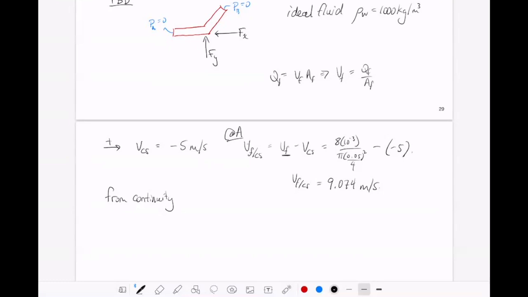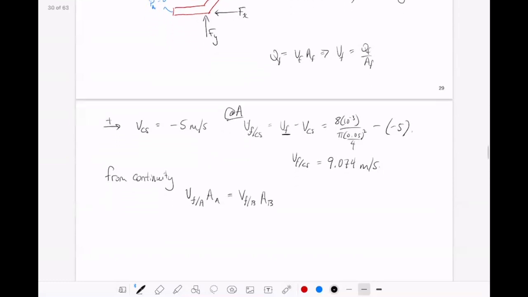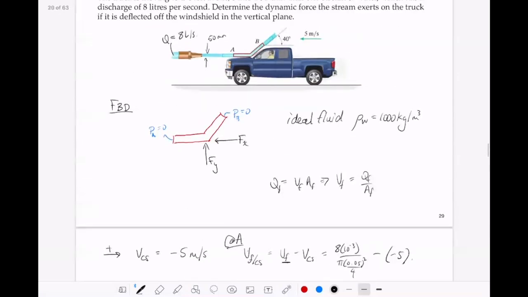we can say the velocity of the fluid with respect to the control surface at A times the area at A is equal to the velocity of the fluid with respect to the control surface at B times the area at B. So this equation is just saying if we were sitting on the truck and we were watching that fluid column, so let's look back over here.